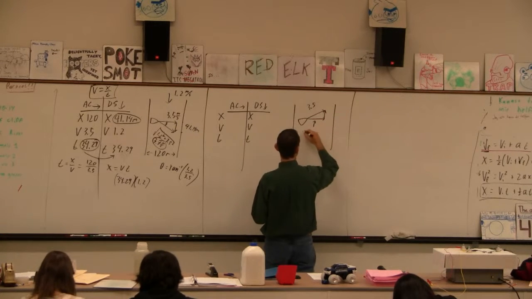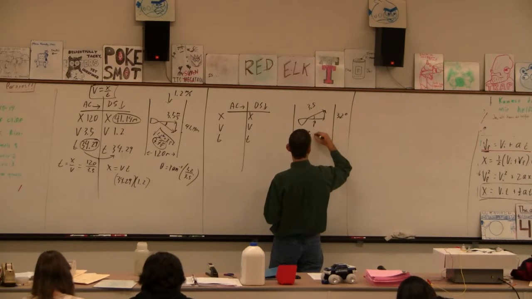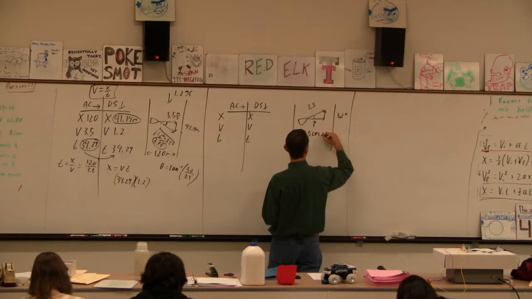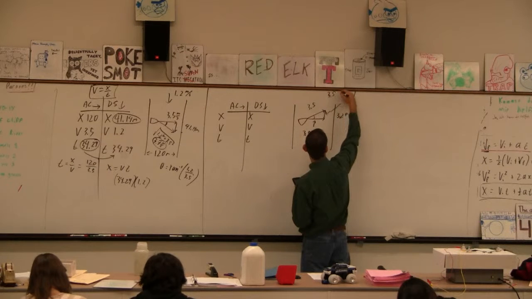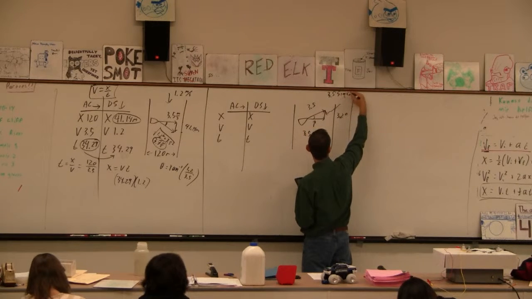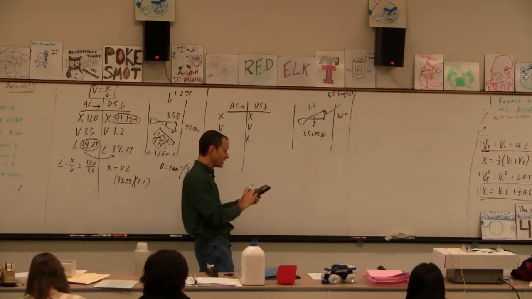So this side here is 3.5, and that's 32 degrees. So 3.5 cos 32, and then this side here is 3.5 sine 32. Take your calculator right now and do that, because there's nothing else to do.